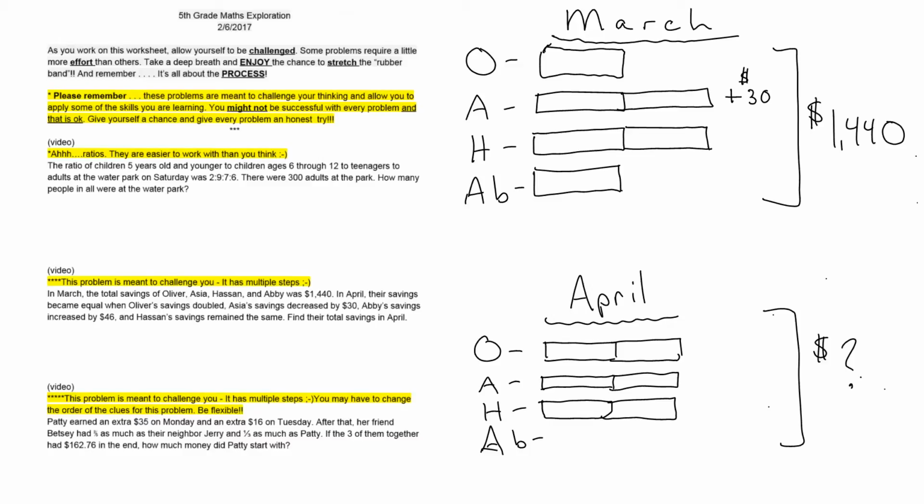Now when it says that Abby's increased by 46, that's telling us that Abby had 1 unit. In order to get to the 2 units, she must have had a little bit of a second unit and then added on the other 46. So we're going to do the same thing up here. She had a little bit of a second unit.